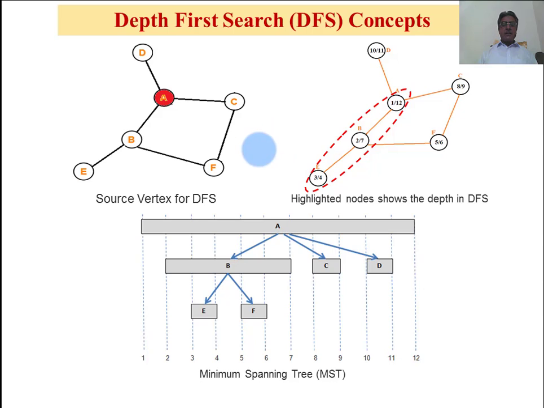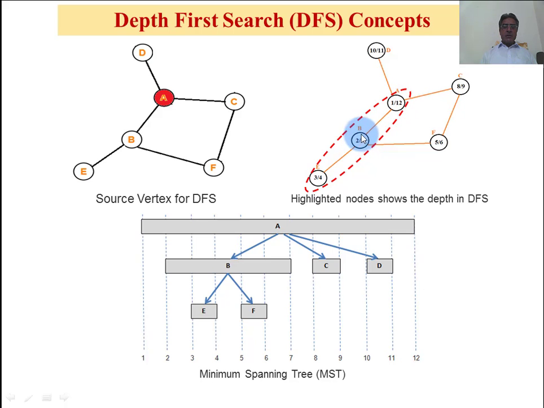It will end when the whole tree, all nodes of the tree, will be traversed. So its ending time is maximum. That is why the span of this A node starts from 1, this is level 1, and the last is 12. This denotes that discovery time is 1 and final time is 12.